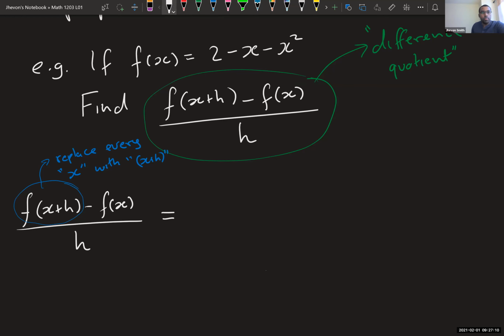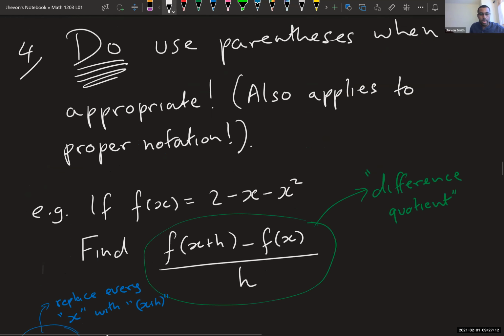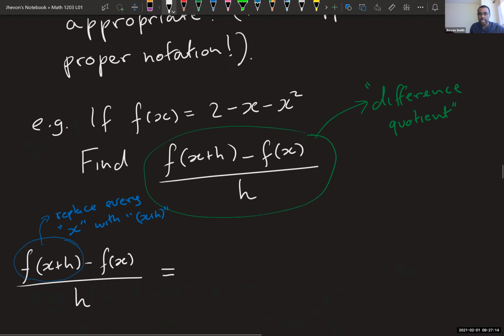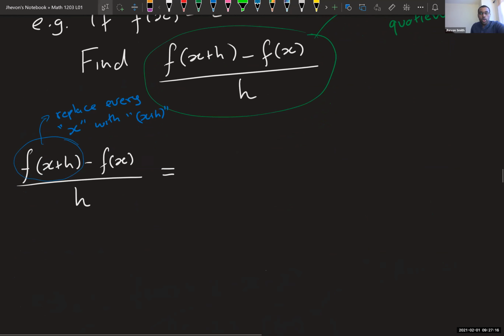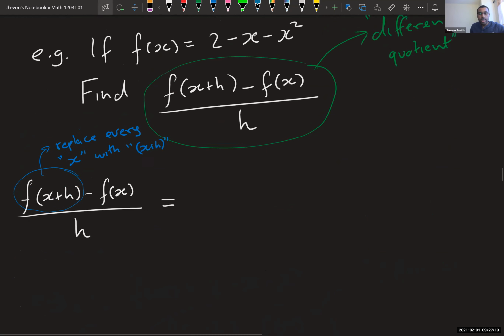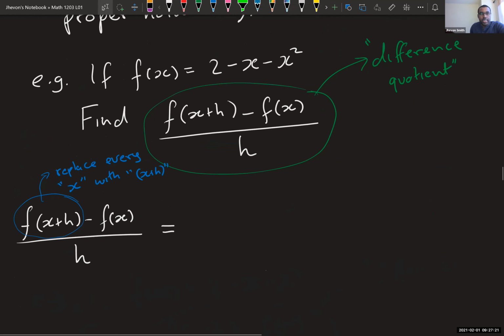This is an example of where a student would know to do this, but they wouldn't write it down. So what f of x plus h is going to look like is I'm going to go to 2 minus x squared. And everywhere I see an x, I'm going to write an x plus h instead.